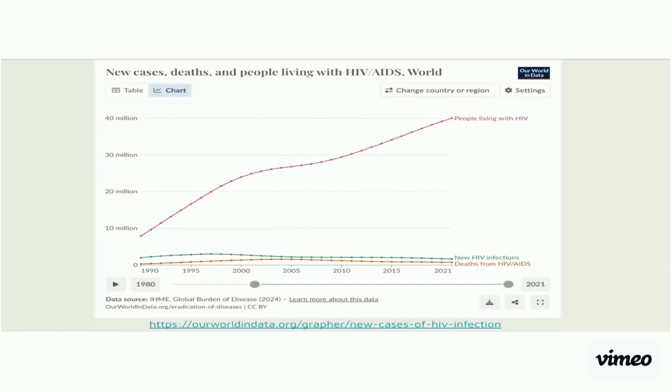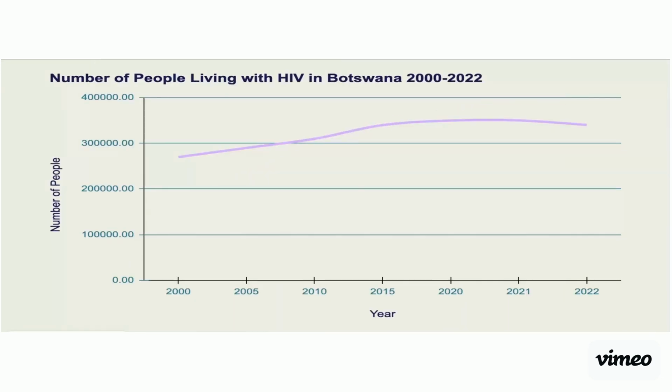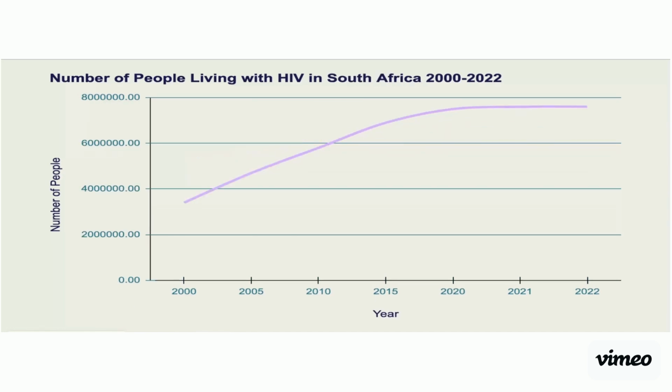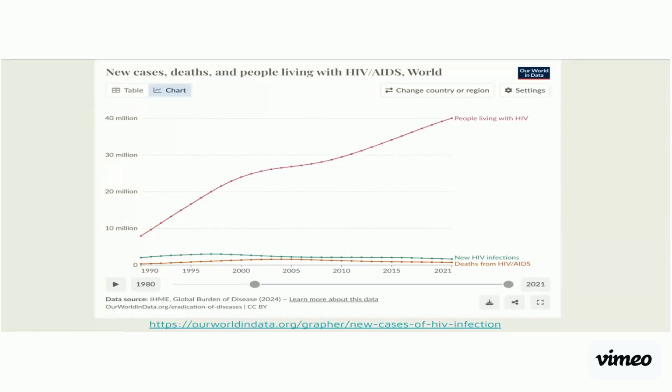I didn't make this graph, but I wanted to include this because I thought it related to these line graphs that I made, because you can see that the number of people living with HIV is going up, but the deaths and the new infections are staying the same, maybe going down a little bit.